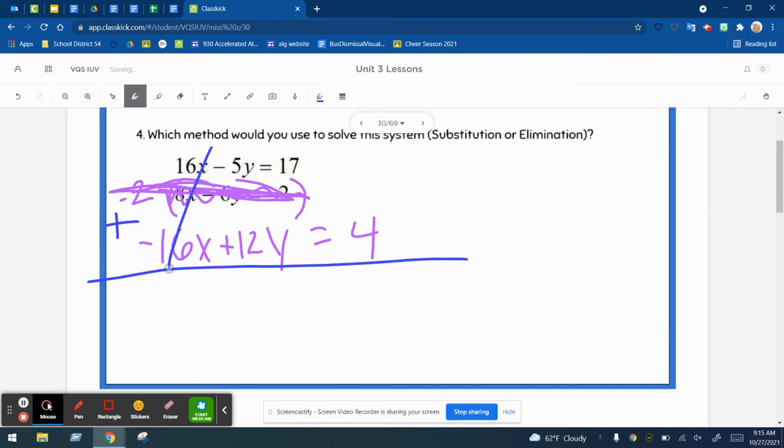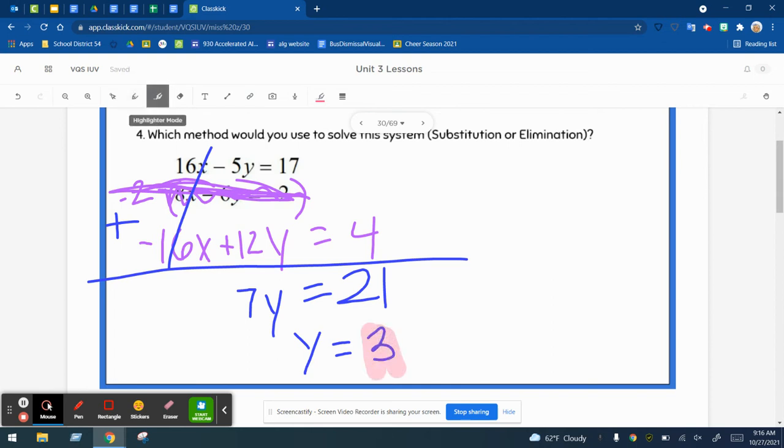16x plus negative 16x is 0. Negative 5y plus 12y is going to be 7y. And 17 plus 4 is going to be 21. So now I get that y equals 3. Which equation do we want to put it in? Let's put it in the top one.